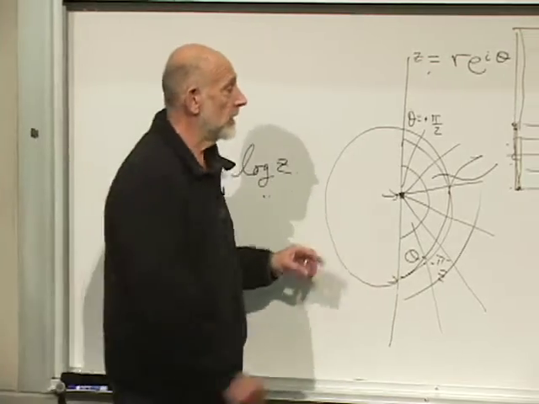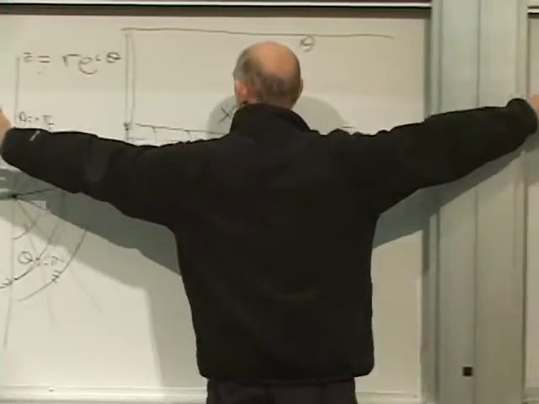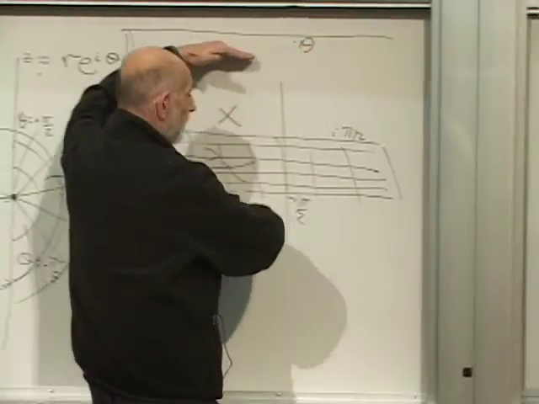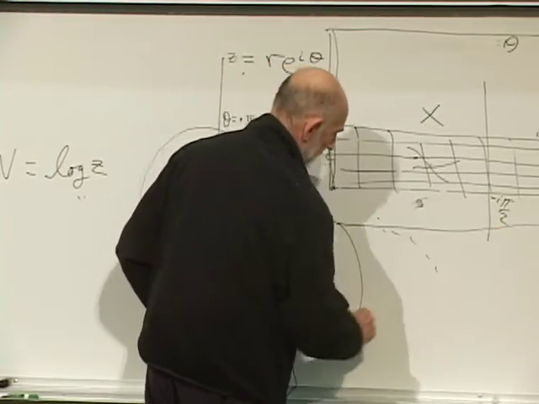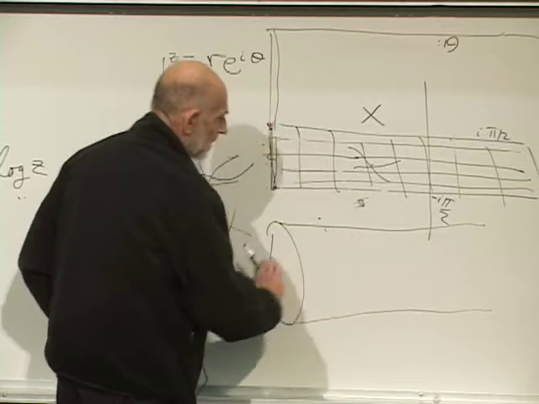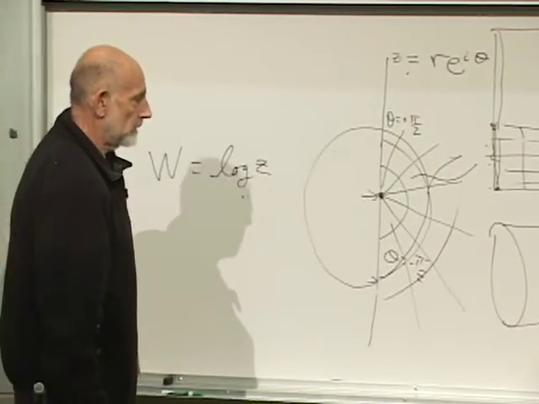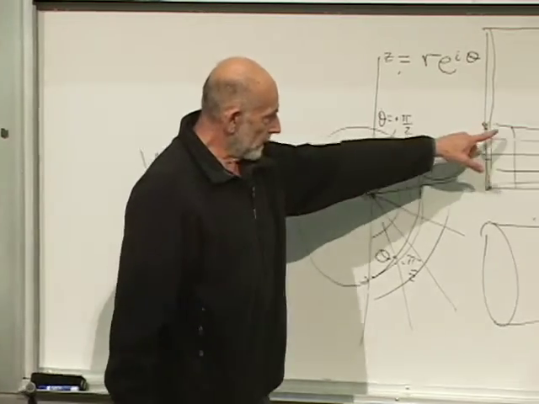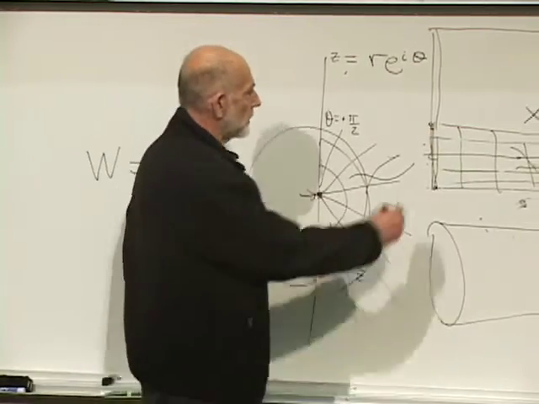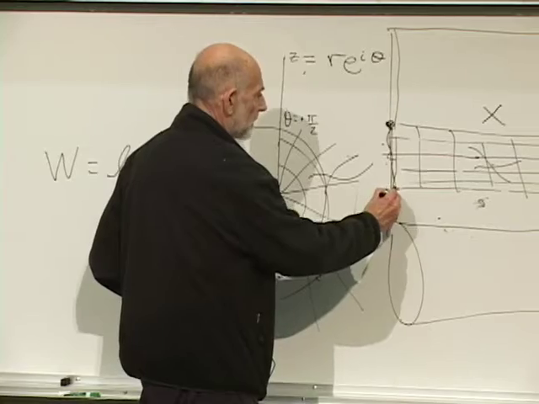Cylinder, not a torus, because this end is not identified with this end, but the top is identified with the bottom. You get an infinite cylinder. This is the space that you would use to describe an open string with two ends.